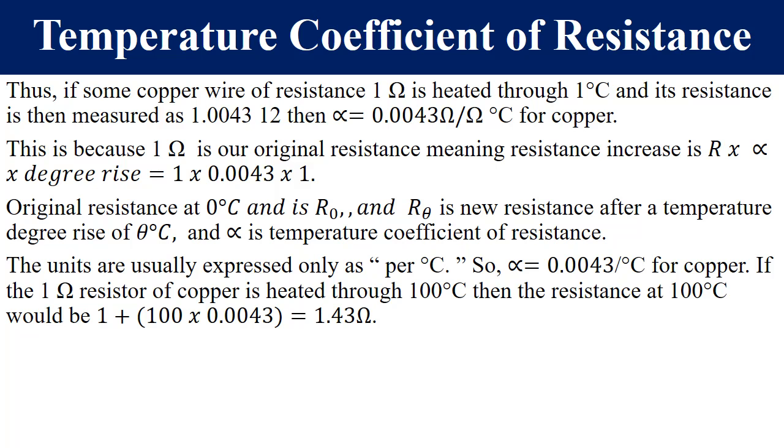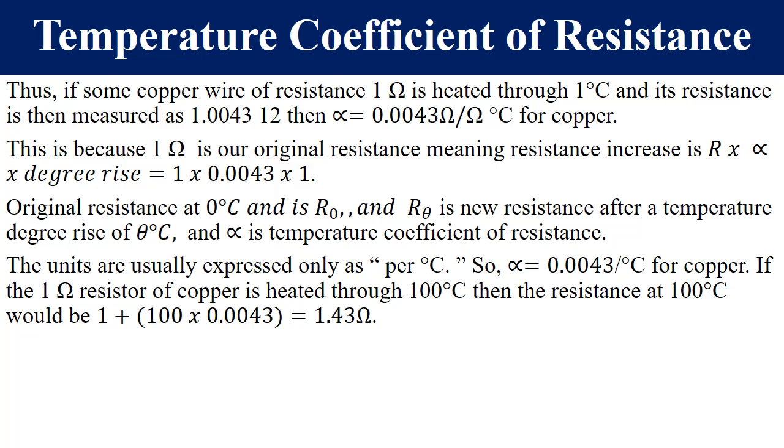It means that alpha multiplied by 1 ohm multiplied by 1 degree Celsius gives us the rise in resistance. So if you make alpha the subject of the formula, it will be equal to 0.0043 ohm per degree Celsius for copper.